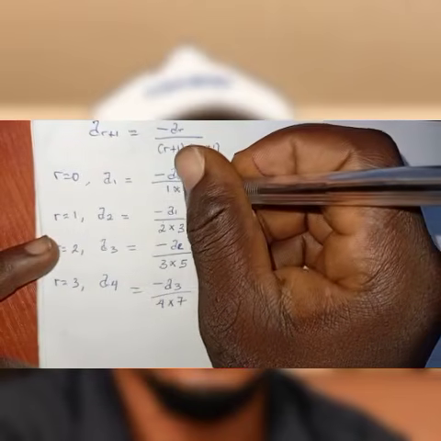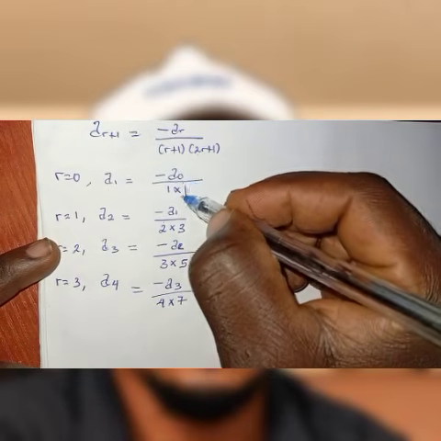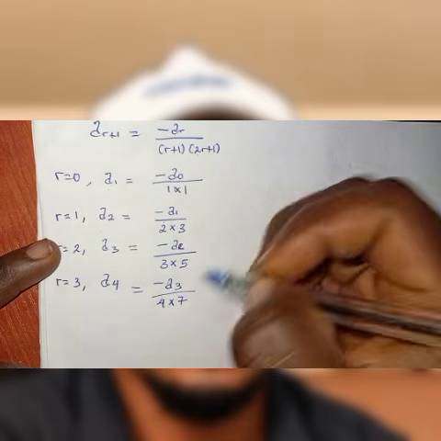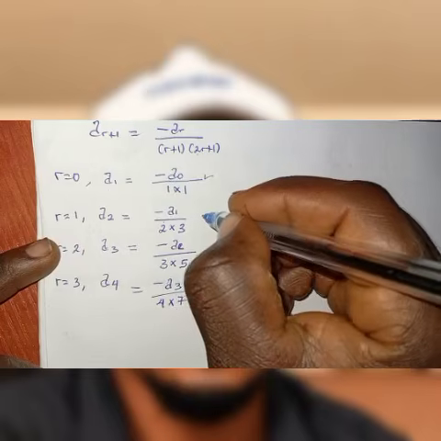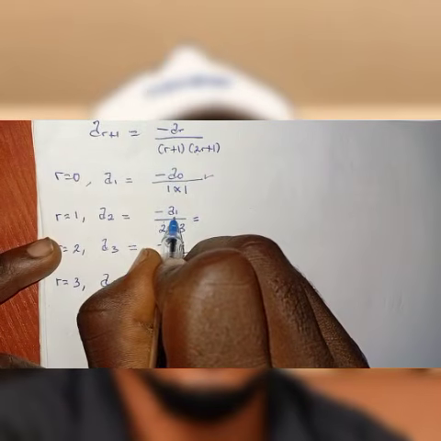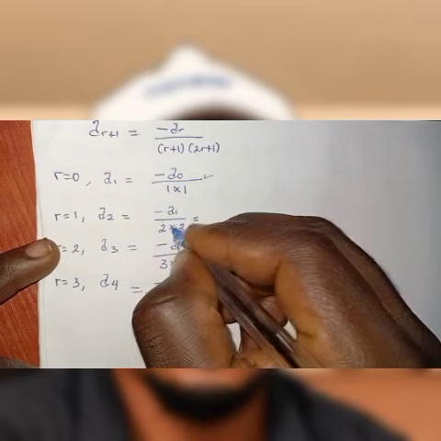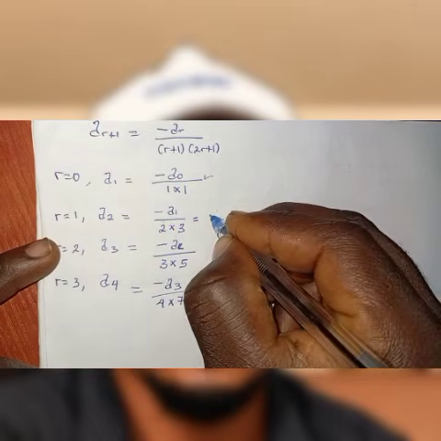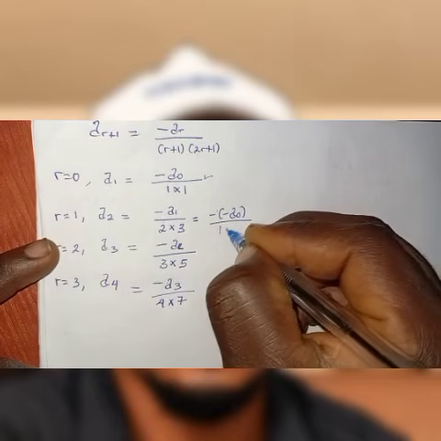So I need every term here to be in the form of a naught. So we have to convert everything to be in the form of a naught. So this is already in a naught. So we need to convert this. So which gives us, this is a_1, then what's your a_1 here? So let's put our a_1 here. So that will be minus a naught over 1 times 1.